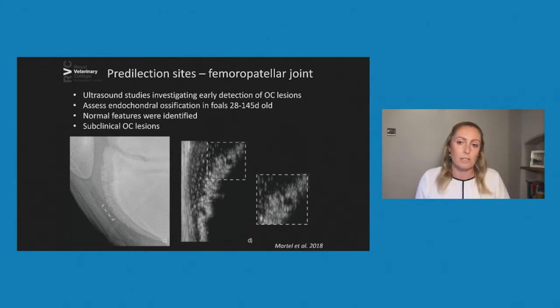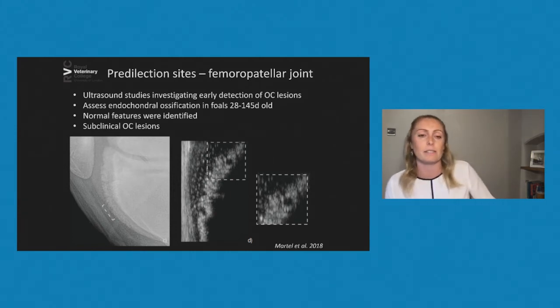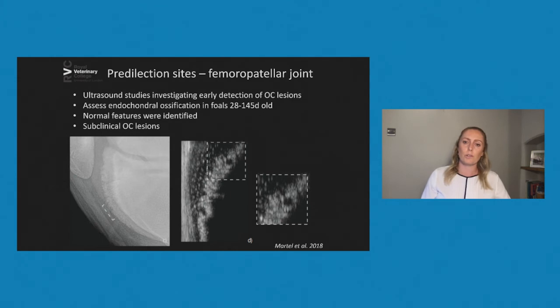Early detection of OC lesions has also been investigated by a team in Canada who used ultrasound to assess the lateral trochlear ridges of foals from 27 to 166 days old. They were able to assess the change in cartilage thickness, the ossification fronts, where the cartilage is becoming bone, and the blood supply as well.